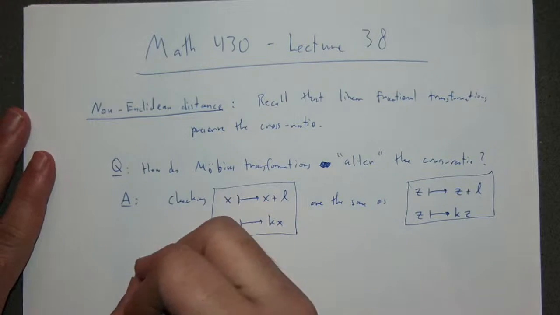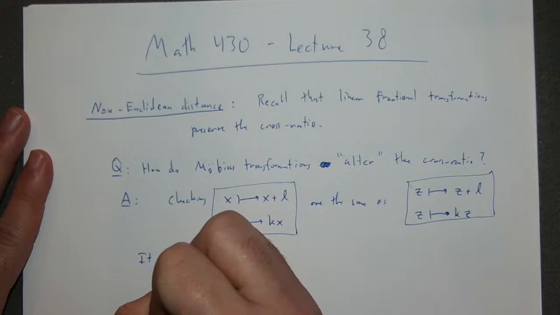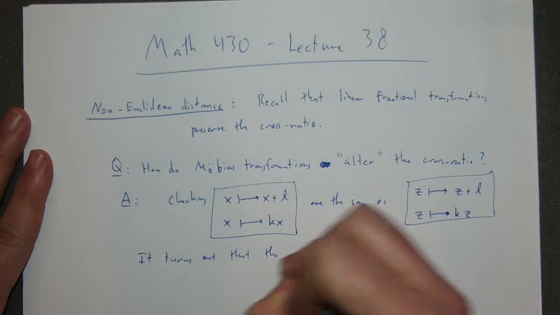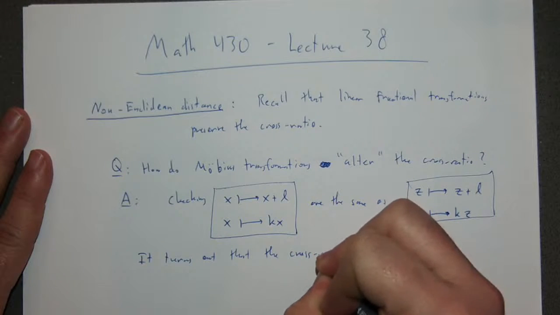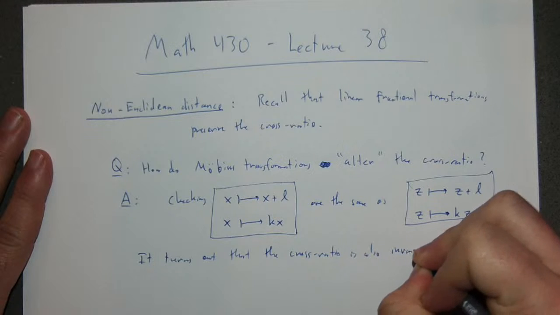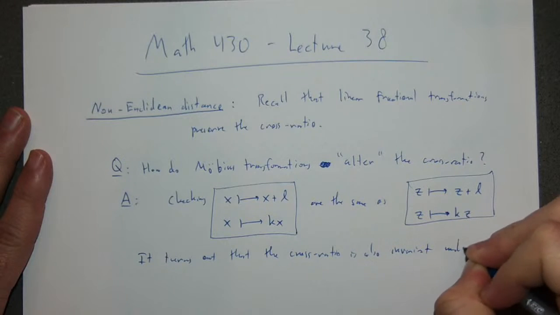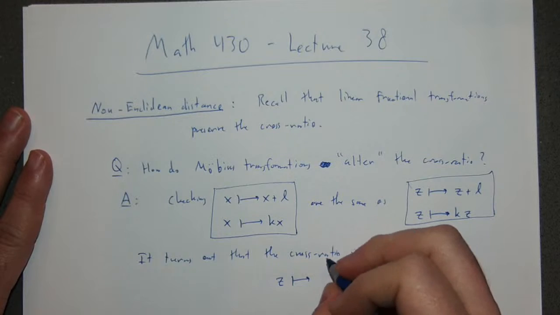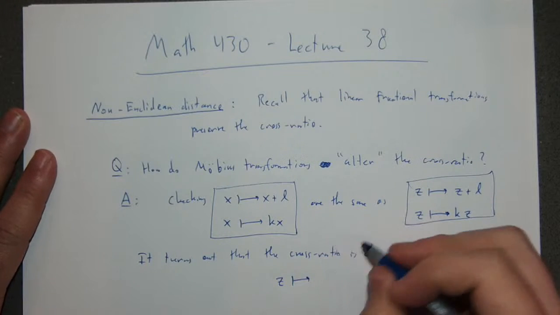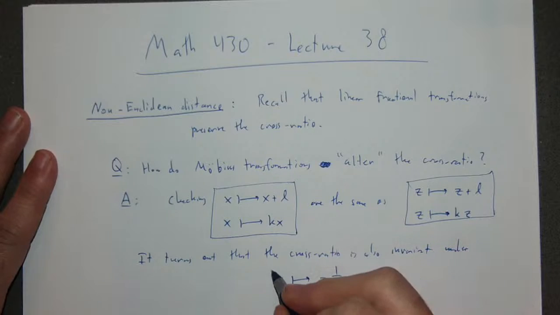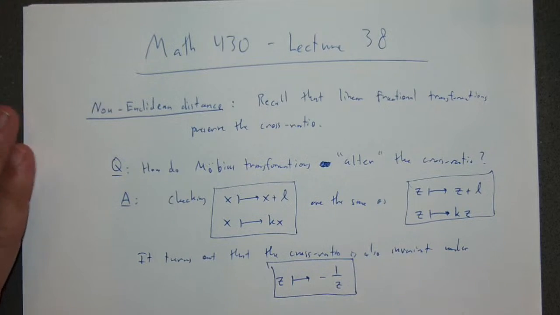So it turns out that the cross ratio is also invariant under the transformation that sends z to minus 1 over z. You might complain for a second.